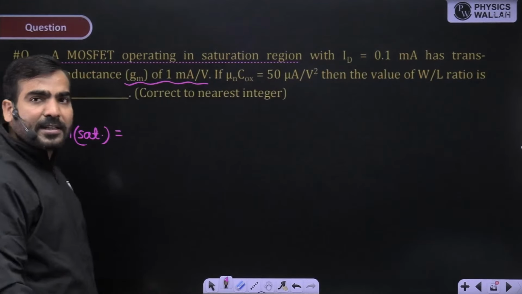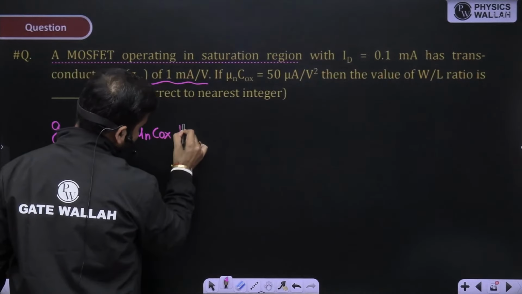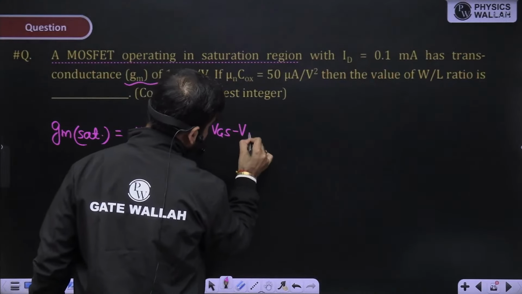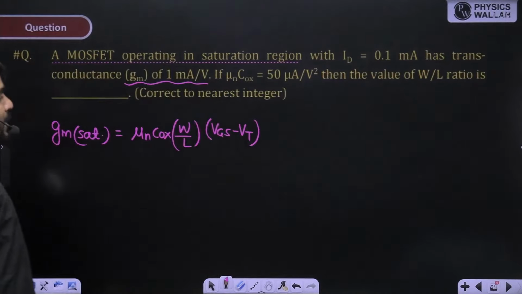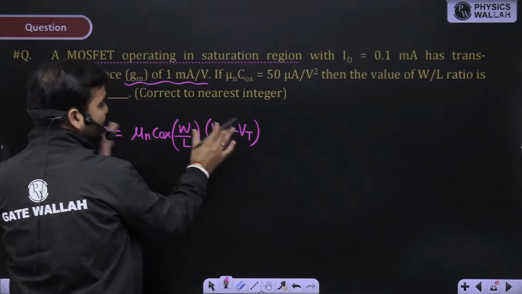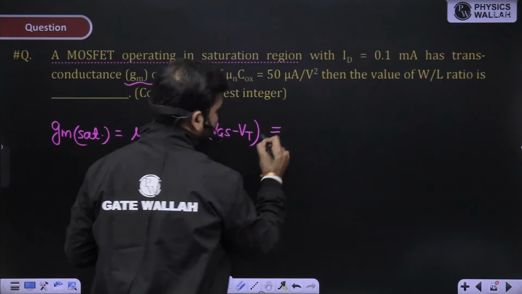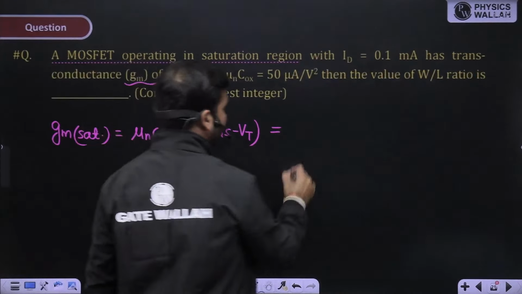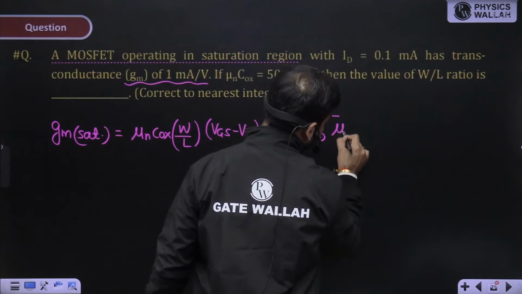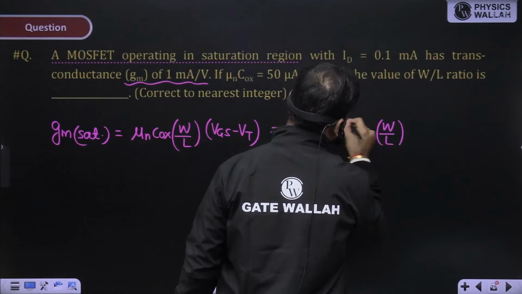In the saturation region, transconductance is mu n Cox W by L times (VGS minus VT), like this. Now this question does not have VGS minus VT. This is one format of your transconductance. The second format of the transconductance is under root of 2 ID mu n Cox W by L. This is another format of writing the saturation region transconductance.